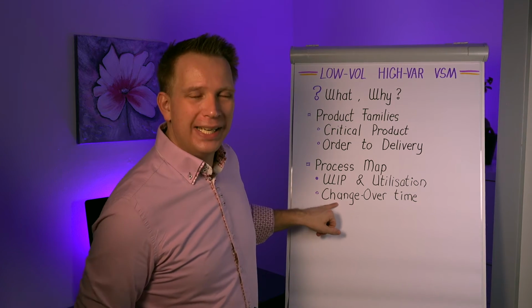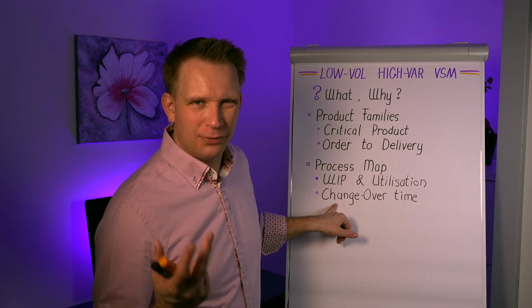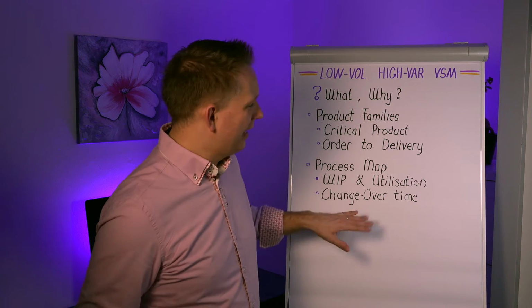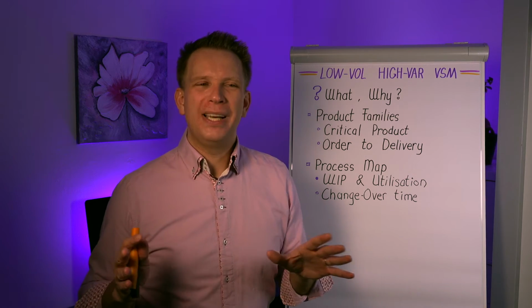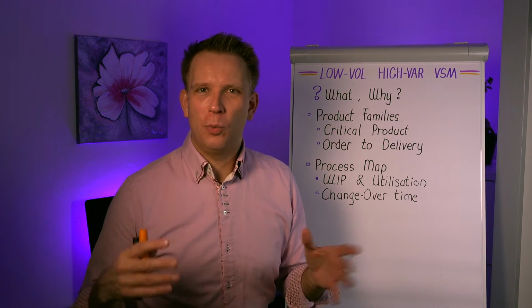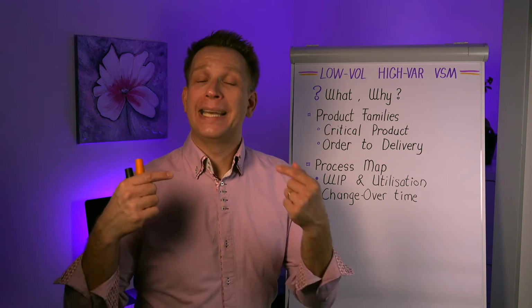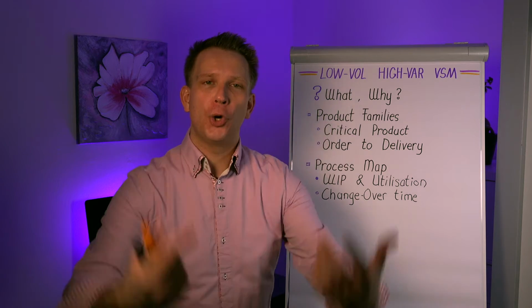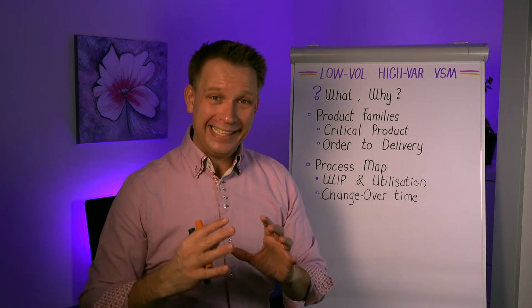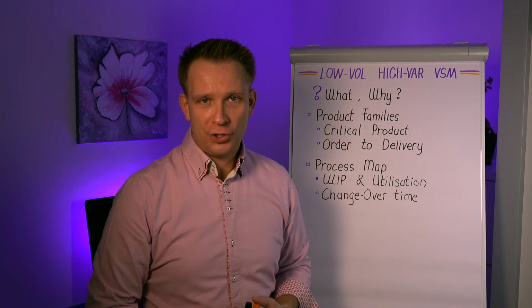When you can really do flying changeovers, the real single minute exchange of die, if you can do that, you don't really care too much anymore about what product is next. That is a state you need to go to when you want to have a lean, high variation process.